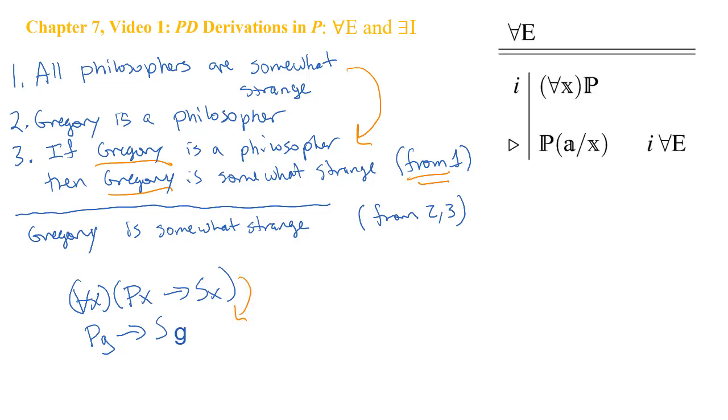In fact, we will have such a rule. It's called universal elimination. What this rule tells us is, if at any point in a derivation you have a universally quantified formula, then you may derive a substitution instance of that formula. That is, you may remove the universal x quantifier, or it might be a y quantifier or a z quantifier.